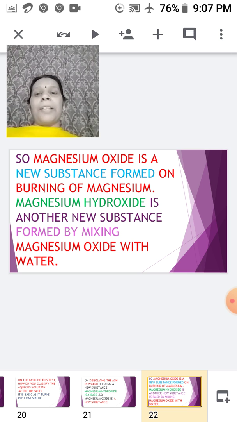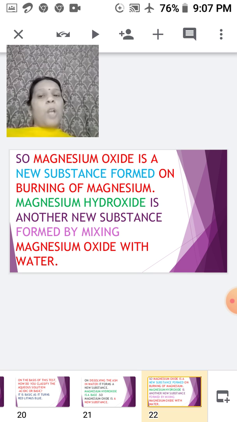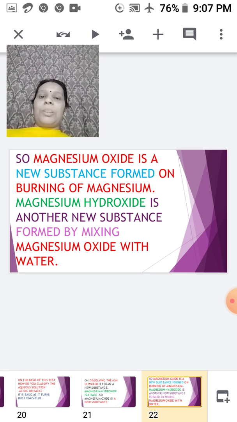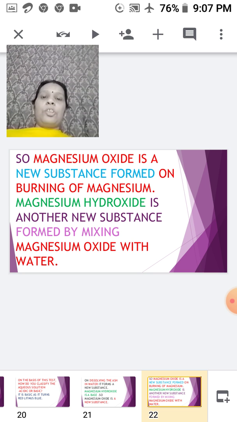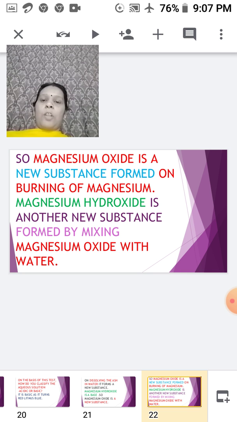When magnesium was burnt, we got magnesium oxide. When magnesium oxide, that means the ash, was mixed with water, at that time we got magnesium hydroxide. So here we got two different new substances.